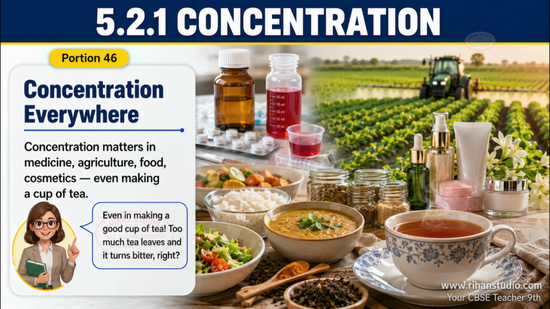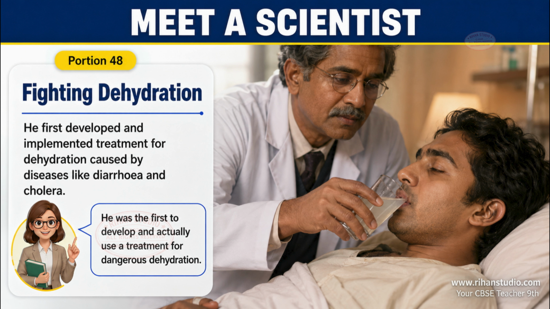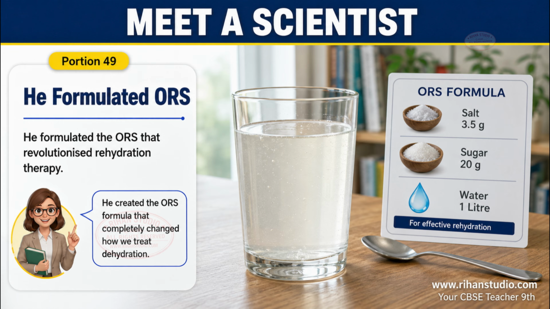Meet a scientist. Dilip Mahalanobis was an Indian pediatrician. Let me introduce a hero: Dilip Mahalanobis, an Indian children's doctor. He first developed and implemented treatment for dehydration caused by diseases like diarrhea and cholera. He formulated the ORS that revolutionized rehydration therapy.